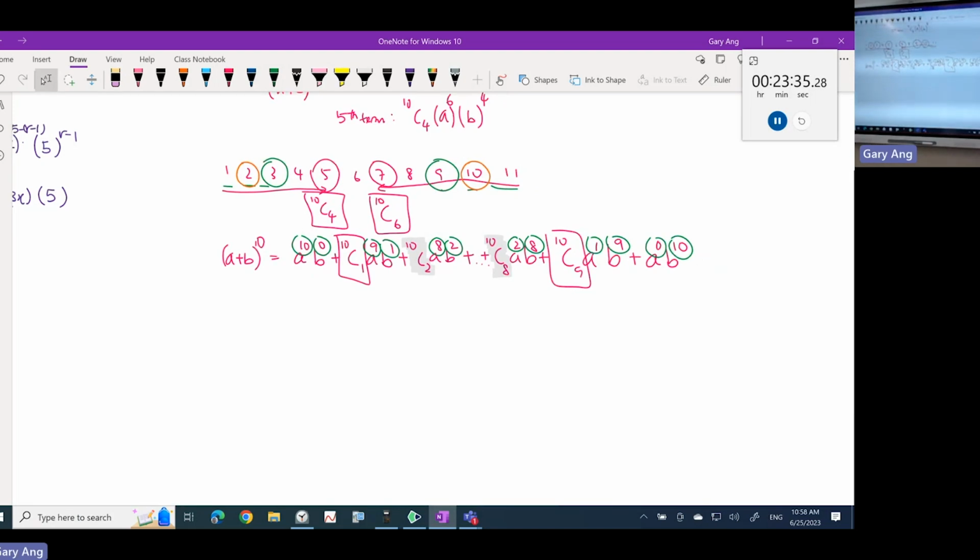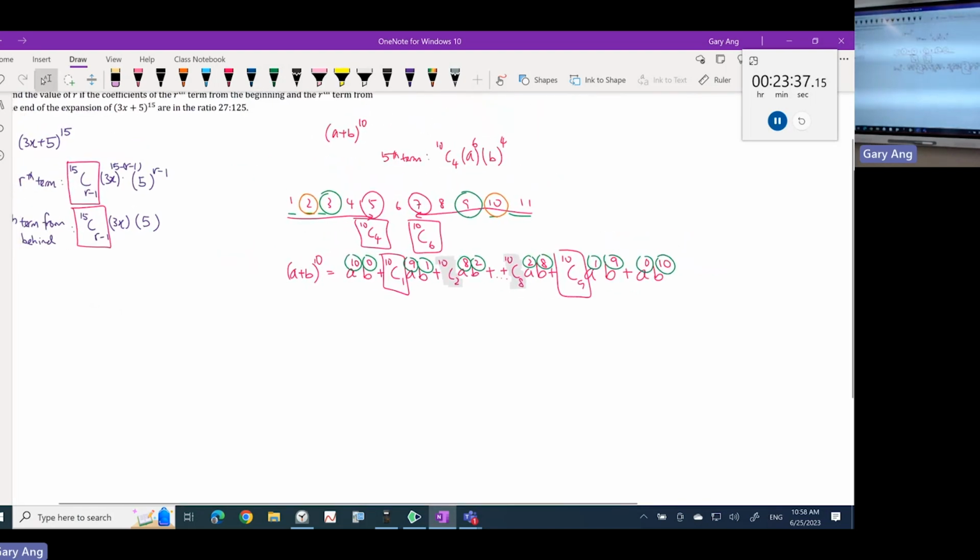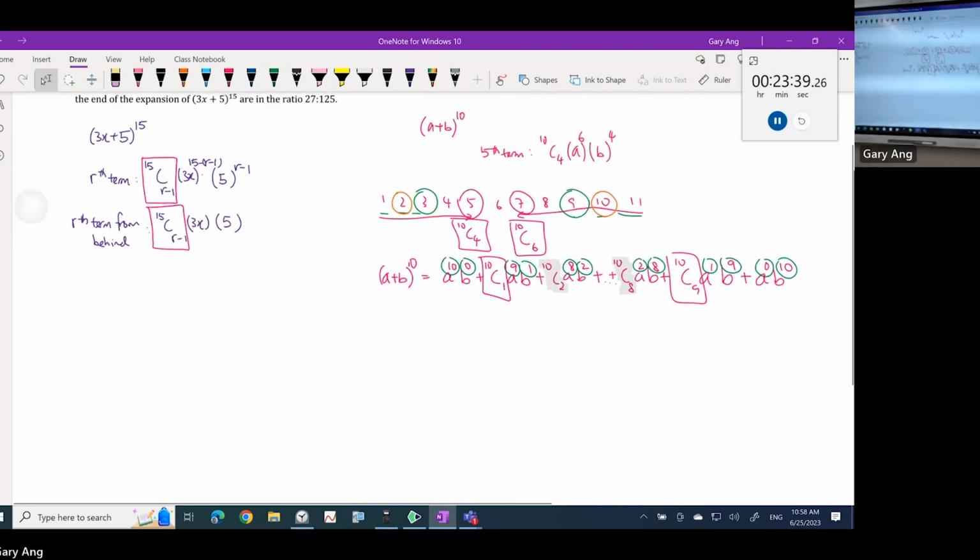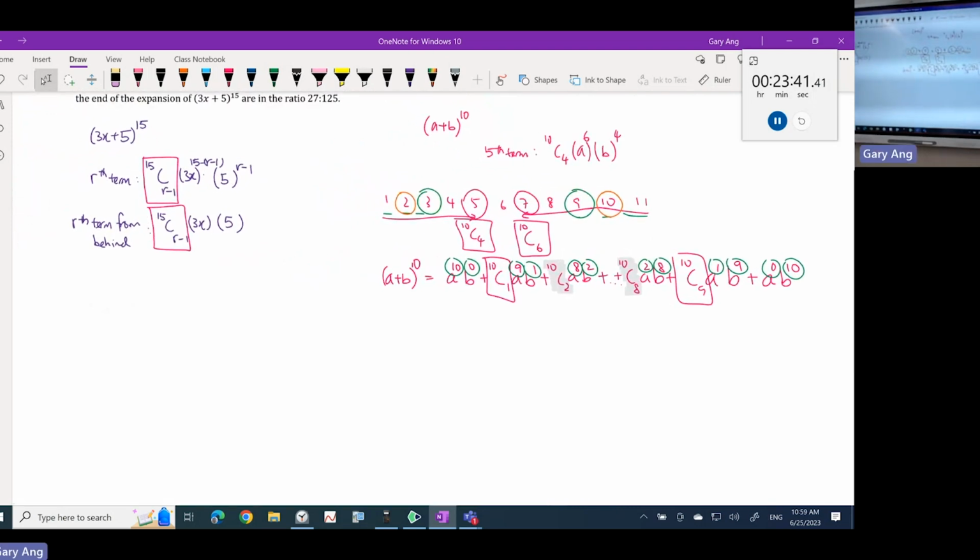Agree? Okay, let's come back to our problem. With that in mind, you have to imagine this one because it's so abstract. Over here, this is like the r-th term from the front, and this is like the r-th term from behind, correct? So we established that the two red rectangles must be the same, but now we don't know what the power is.